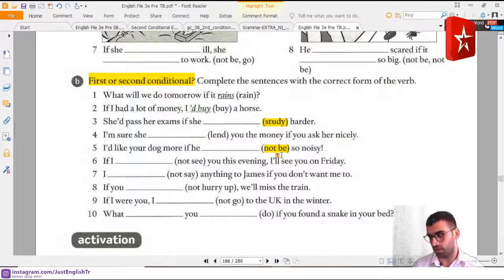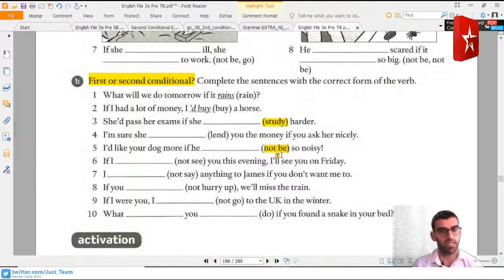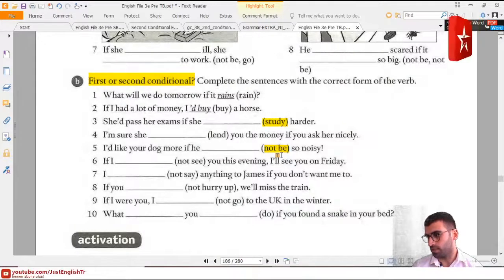If it is present simple, we have to change it to first type. So number 7, yes, I won't say anything to James if you don't want me to. That is the correct answer.